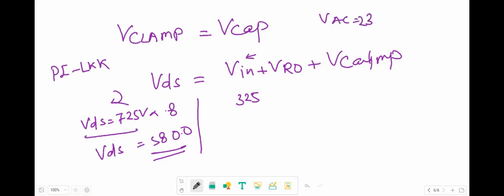I'm giving one number; based on your application, you can choose VRMS. Then the reflected voltage, let's say in your case you are using a 12 volt or 15 volt design, is 60 volt. And your VDS you want to select is 580, and then this is V clamp.